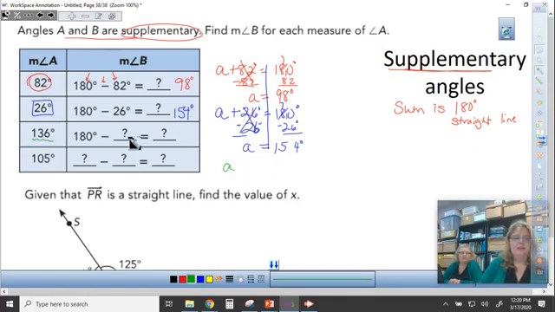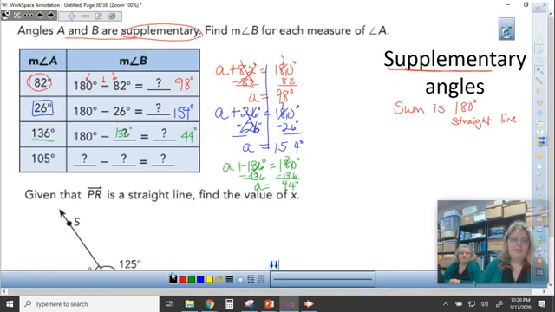Next, some angle, did I say 36? I meant 136. Some angle plus 136 degrees equals 180 degrees. I'm going to subtract 136 on both sides. And when I do that, I find out that I get 44 degrees. That's an acute angle.